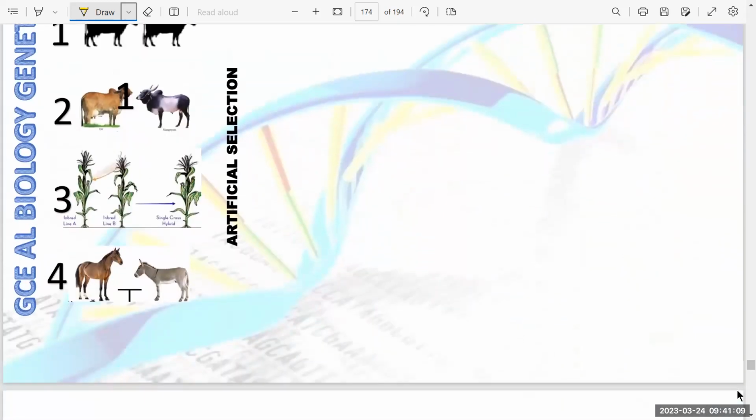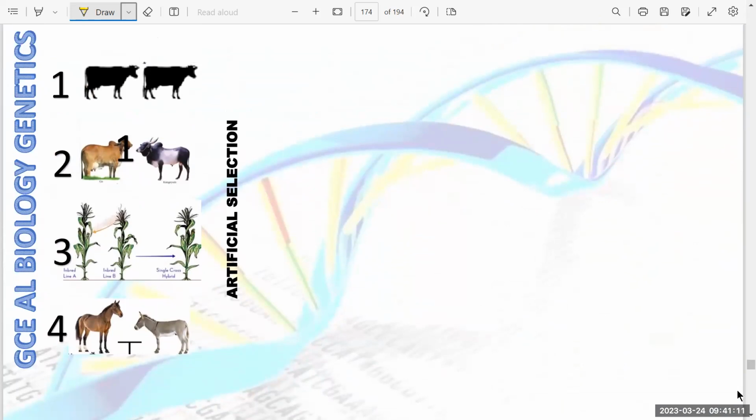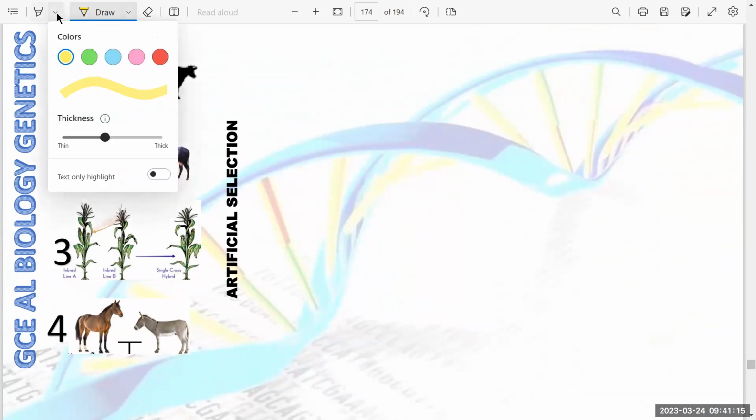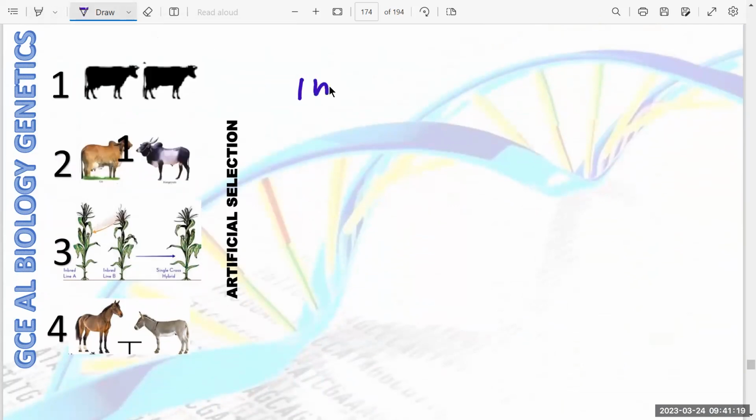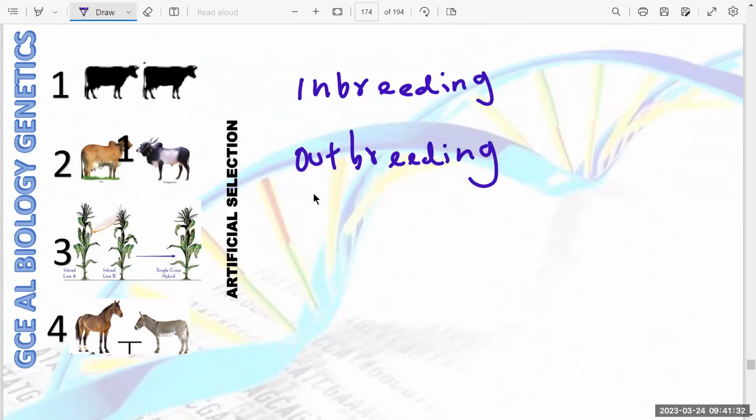So we have 4 breeding methods, and here you can see these 4 breeding methods. The first breeding method is inbreeding. So we're going to learn the inbreeding method. Second, we're going to learn outbreeding. Third one, hybrid.